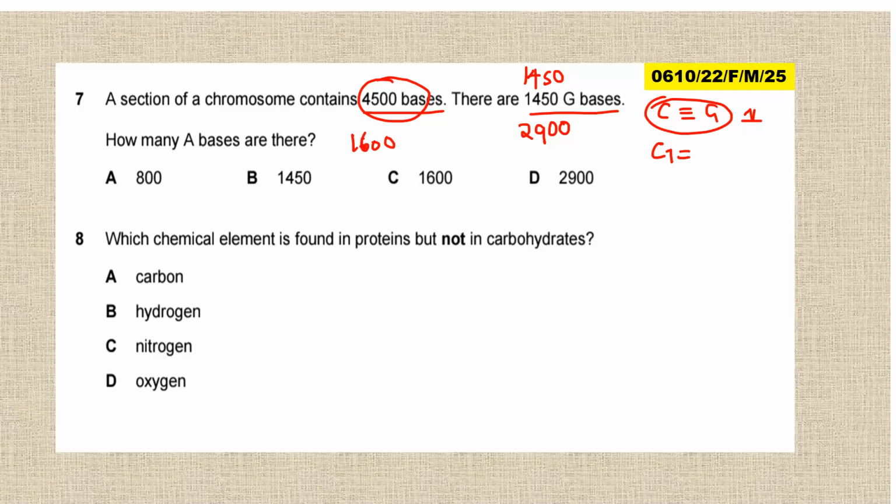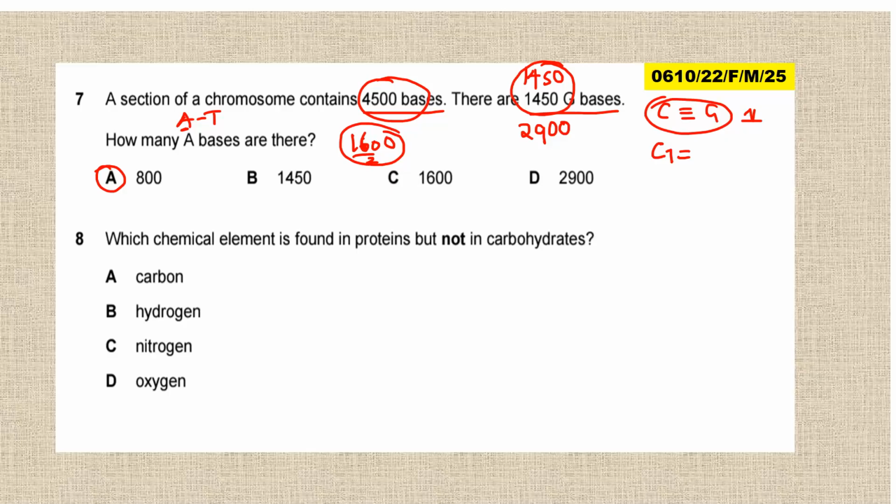Now this number is for both A and T, because we just want A, but you know that the pair is 1-to-1. Just like we did here, if one is 1,400, the other one is also 1,400. Now here we want A, and we have this for the two bases, so we divide this by 2, and you are going to find 800. So the answer is 800.